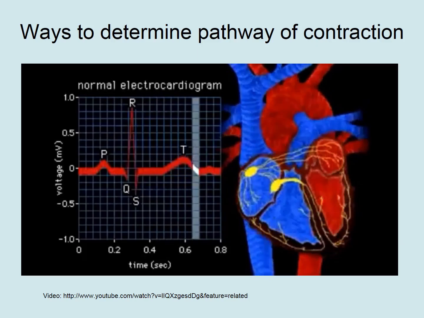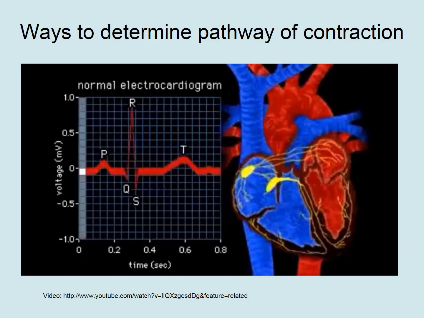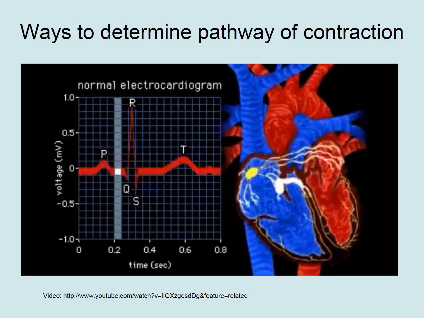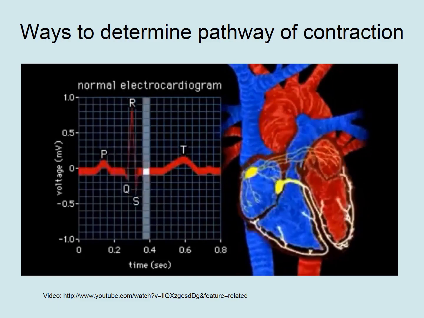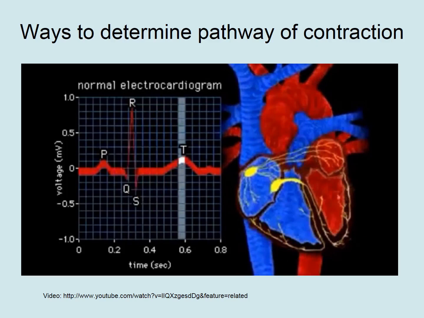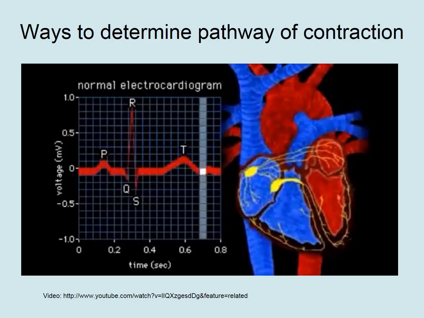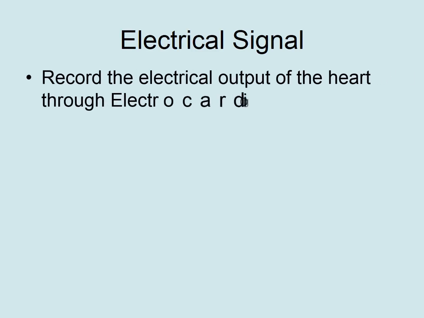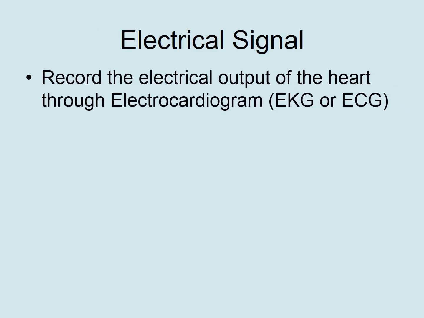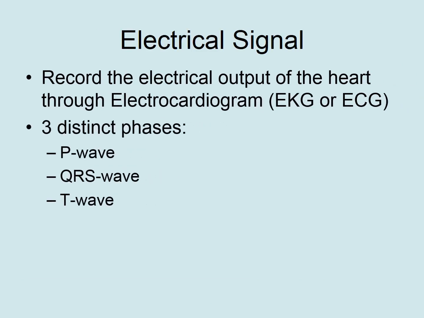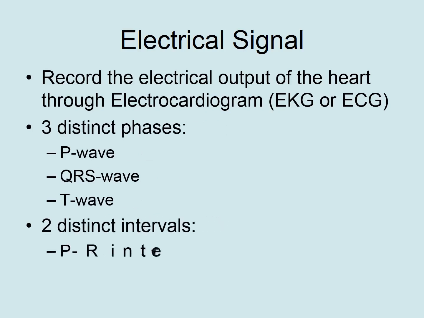And note what's occurring within the heart, where the P is going to be the indication of the atrial depolarization, whereas the QRS is going to be the ventricular depolarization, and the T is the ventricular repolarization. This electrical signal allows us to record the electrical output within those three distinct phases, the P wave, the QRS wave, and the T wave, as well as two distinct intervals, the PR interval and the QT interval.